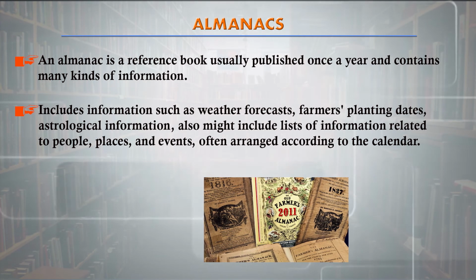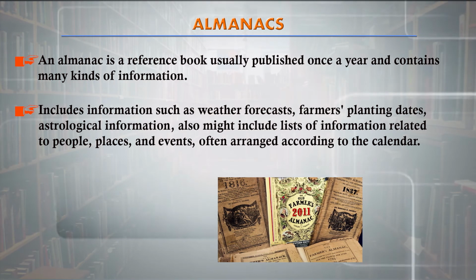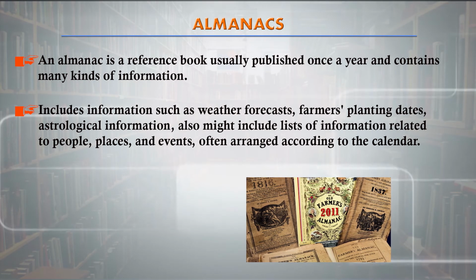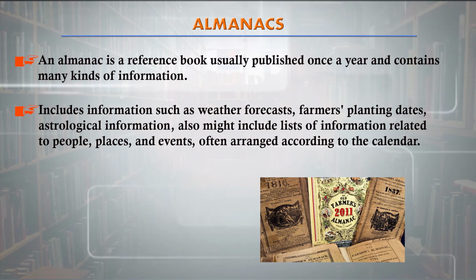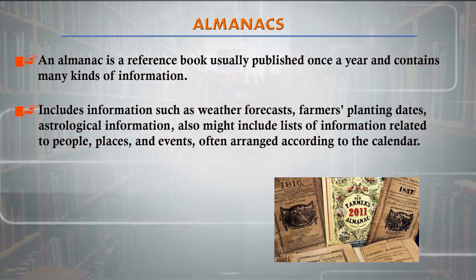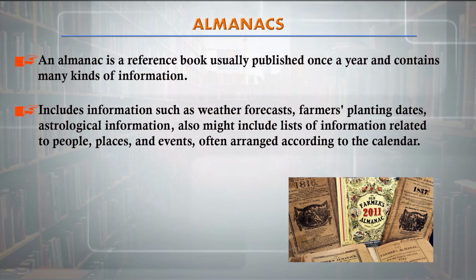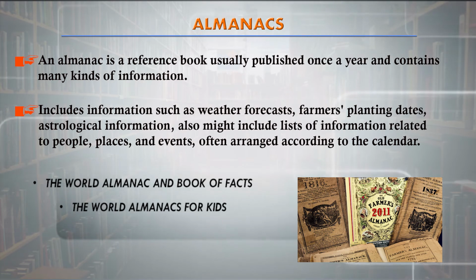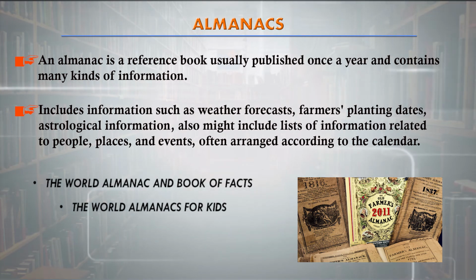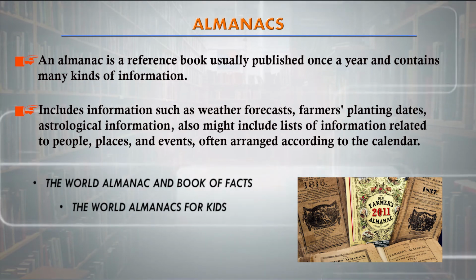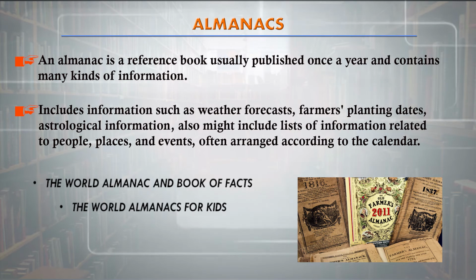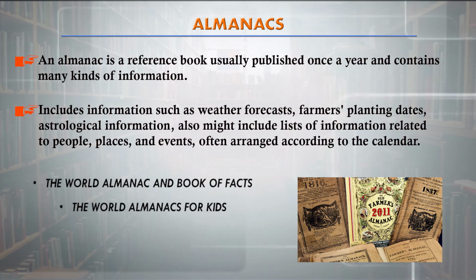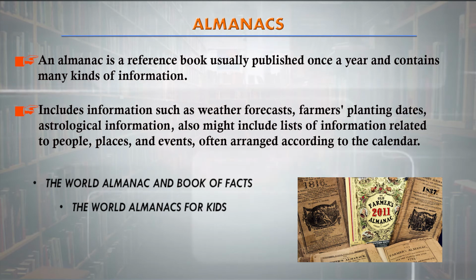It might also include lists of related information on different people, places and events, and many times they have a calendar also. For example, the World Almanac and Book of Facts. This is a very famous almanac. The other example is the World Almanac for Kids.